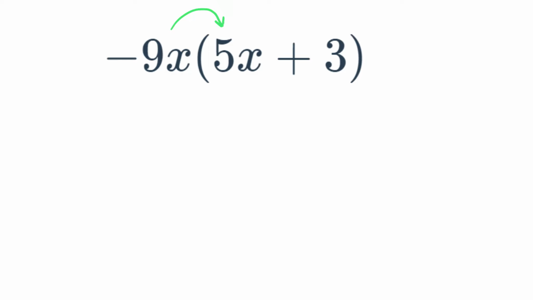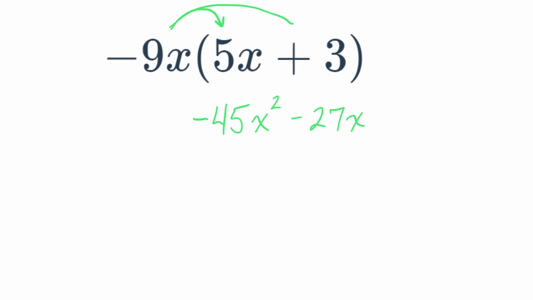Negatives would turn positives. Negative 9 times 5 is negative 45. And x times x, well, this is where we start accumulating those as powers. This would be x squared. And then we distribute our negative 9 to the 3, which is negative 27. And then we have 1x between the two of these.